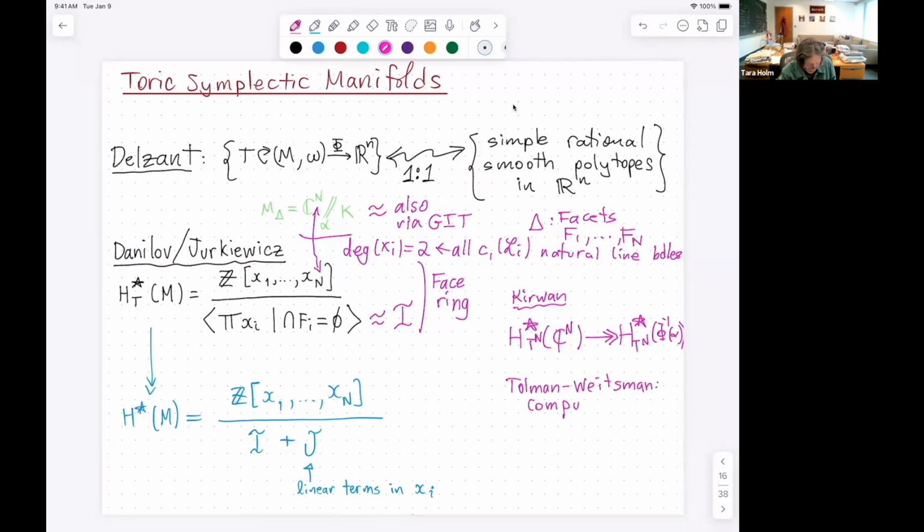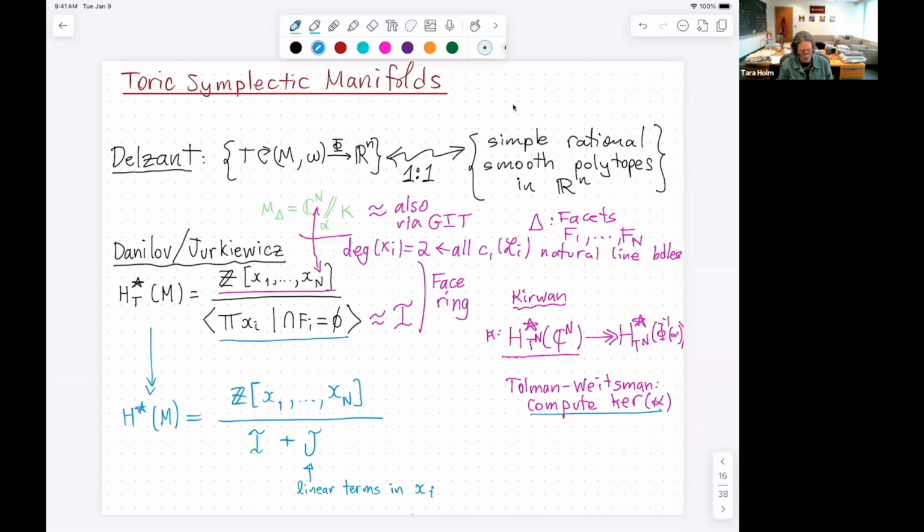Both of these results are much more general about symplectic reductions. Putting these together, when we're in the very special case of a toric variety, this ring is precisely the numerator that we see in the Danilov-Jurkiewicz theorem, and if you follow through the calculations, the kernel of this map is precisely this monomial ideal.